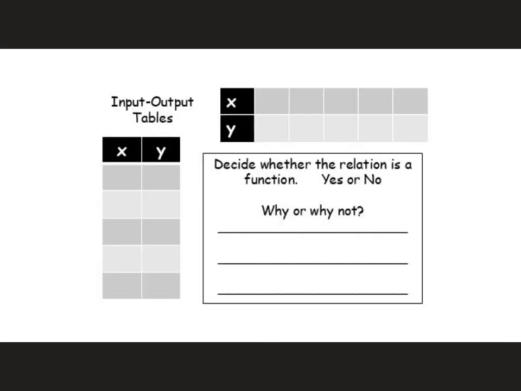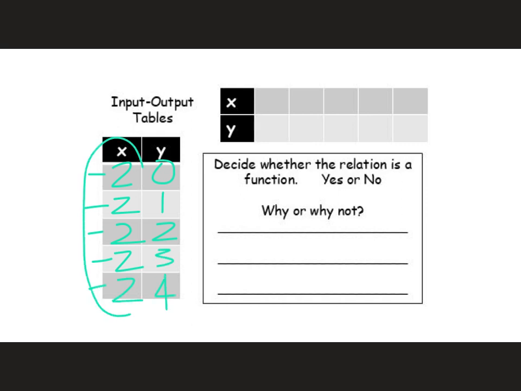So here's another example of a relation that is a table. Remember, we spoke about these. Here's a vertical and horizontal table. Just for the sake of an example, let's say I give you these ordered pairs: -2, 0; -2, 1; -2, 2; -2, 3; and -2, 4.